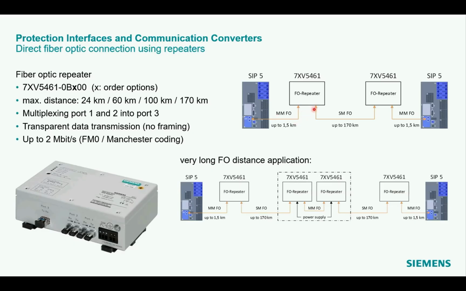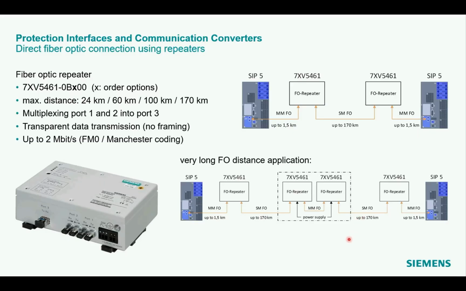And the fiber optic repeater then bridges a longer distance of up to 170 kilometer to the remote end. In the remote end, the fiber optic repeater decodes the data for the opposite CPROTEC 5 or CPROTEC 4 device using 820 nanometer multimode fiber optic connection.